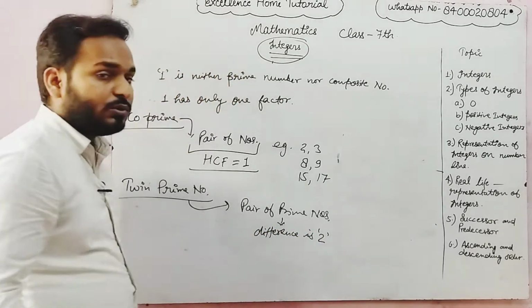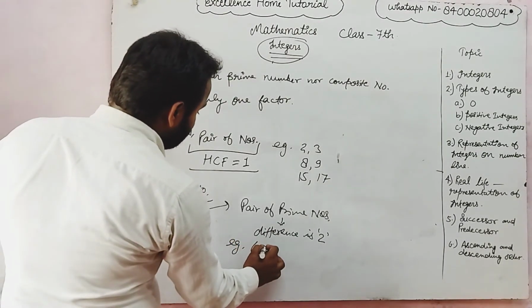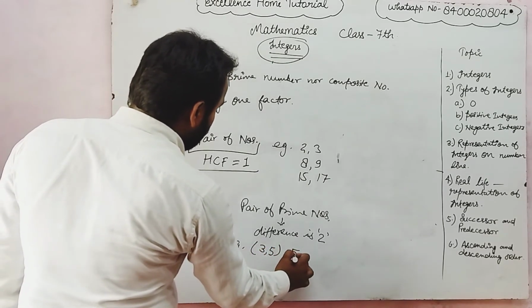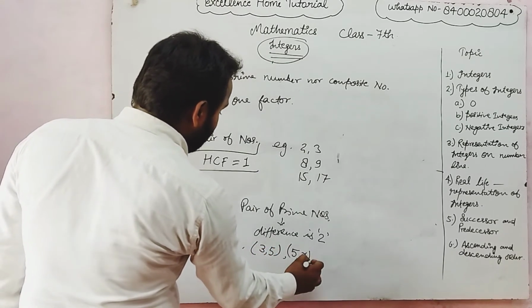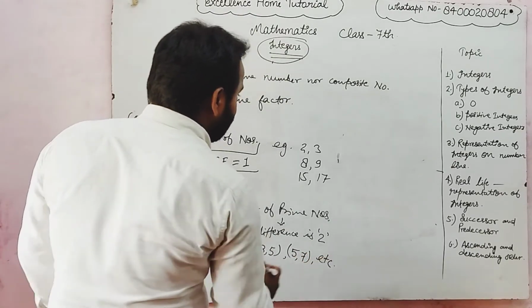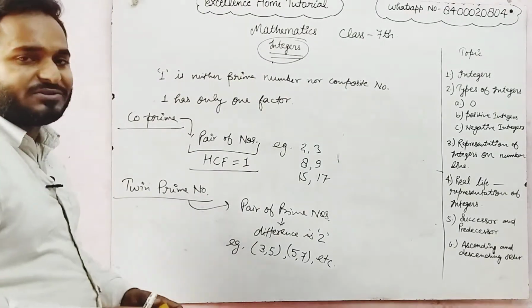For example, 3, 5; 5, 7, and so on. So these are the basic definitions of the number system.